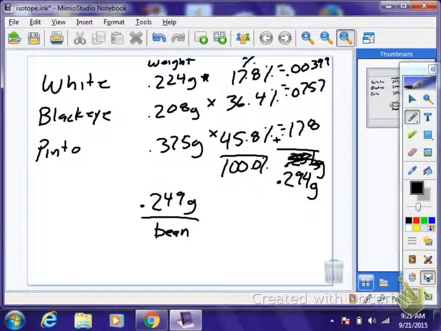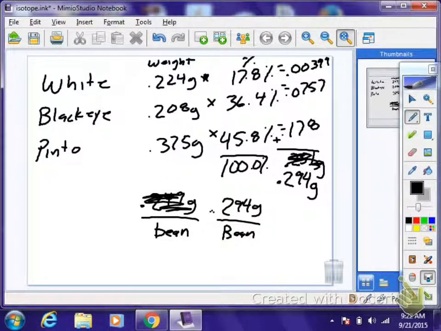Says 294, when it's above the bean. It's in the middle of the board. Oh, sorry. Okay? So 0.294 grams per bean.